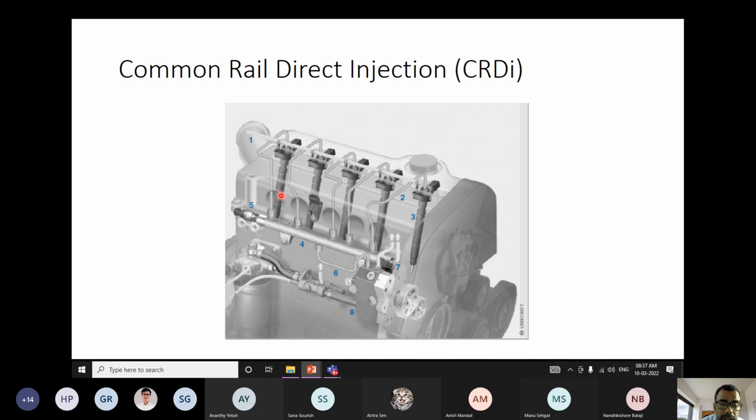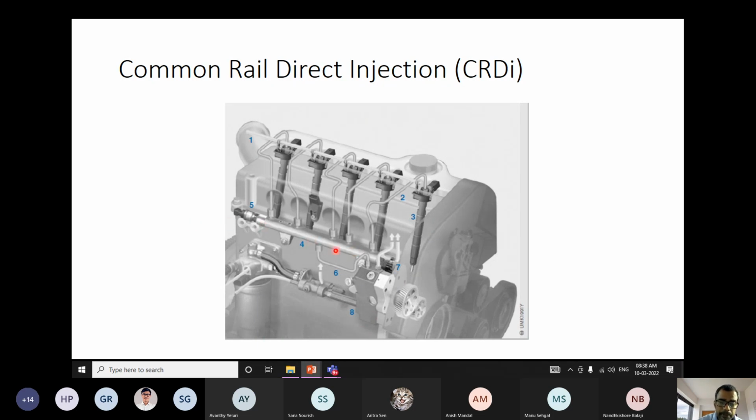So there was no such intermediate part called a rail in the mechanical fuel injection system. The injector is directly connected to the pump. But in the common rail direct injection system, it is not like that. Here we are using an intermediate system, that is the rail, in which the high pressure fuel is accumulated, or which acts as a reservoir.